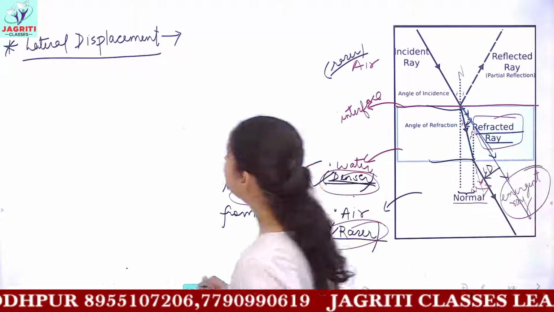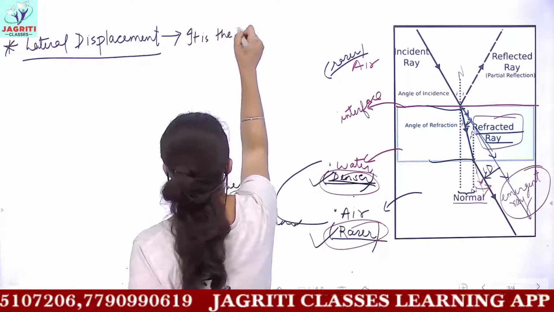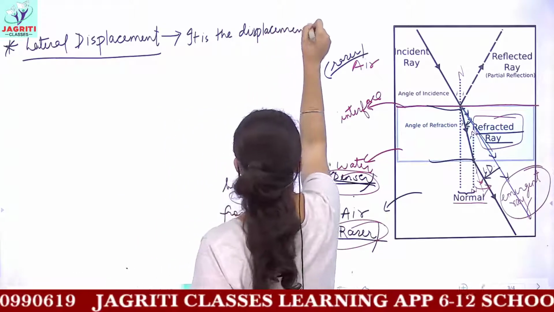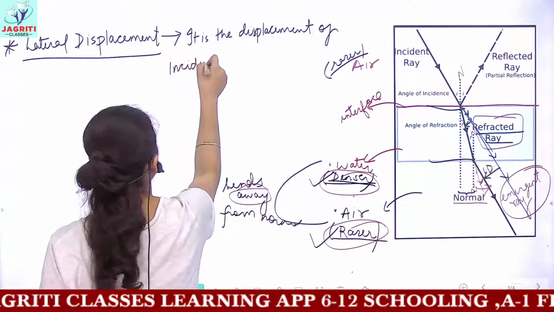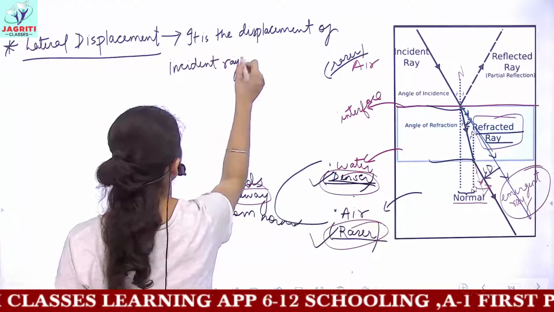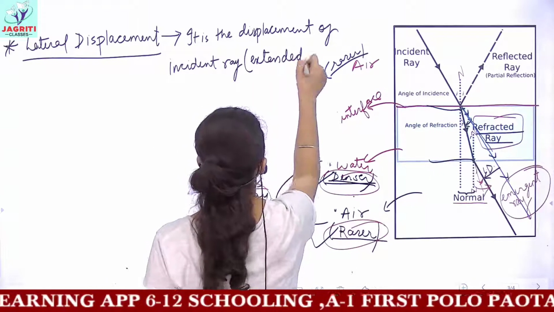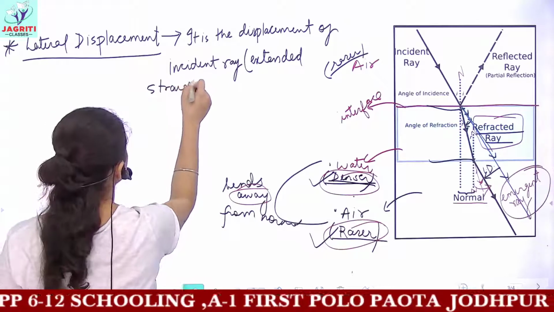So for explaining lateral displacement, it is the displacement of the incident ray extended straight.